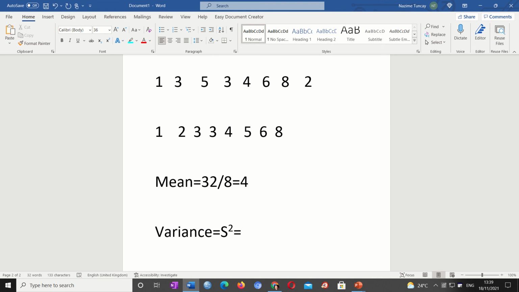Now I am going to subtract 4 from all these numbers, and think of the absolute value, because I'm going to take the square. So 4 minus 1 is 3, 3 squared is 9. Here 4 minus 2 is 2, 2 squared is 4.